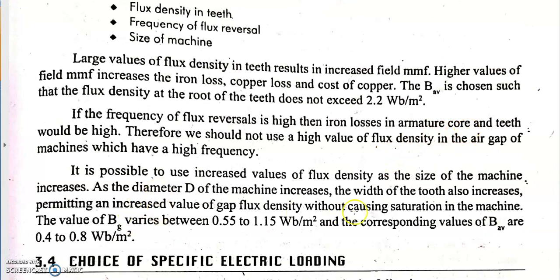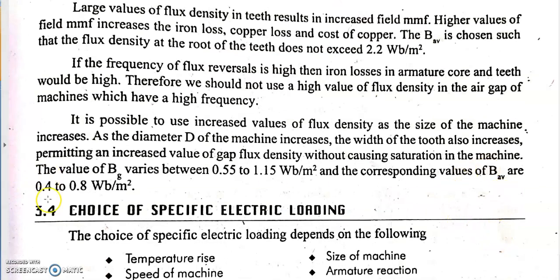Then Bg, the maximum flux density, will be between 0.55 to 1.15 Webers per meter square, and the corresponding value of B average is 0.4 to 0.8 Webers per meter square.